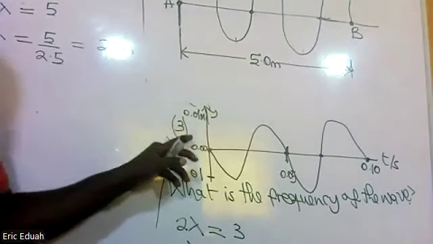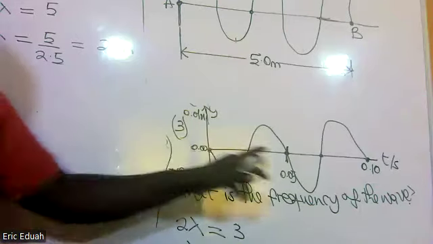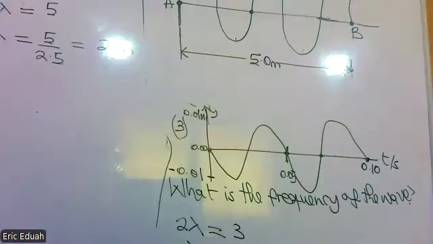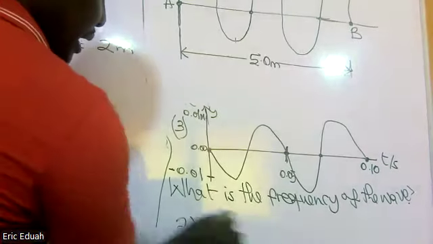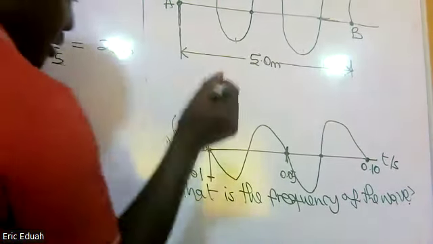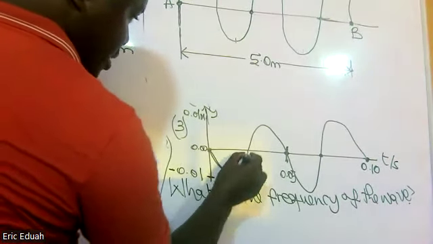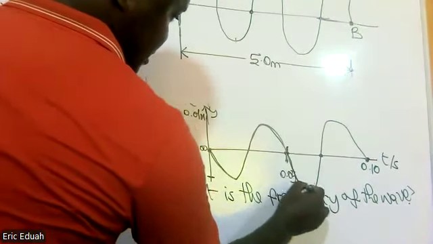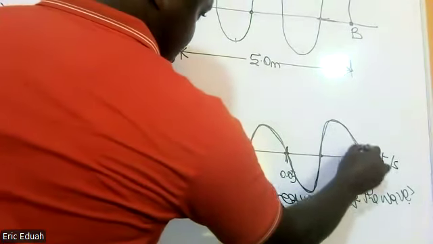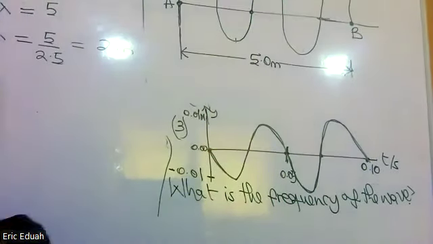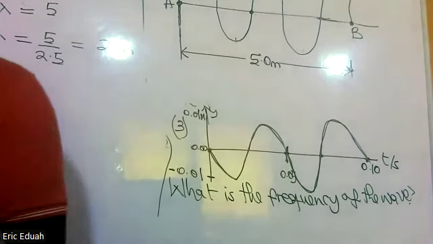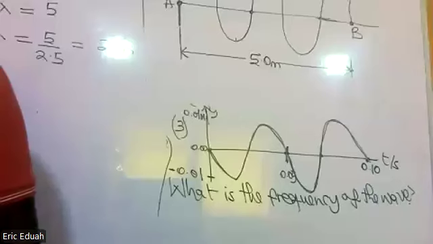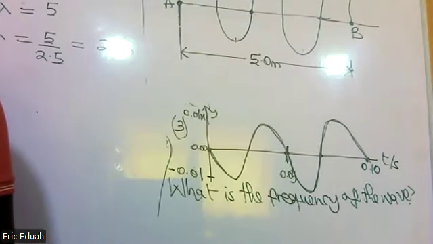It's a graph of displacement against time, and this is going for a time of this. The question is, what is the frequency of the wave?